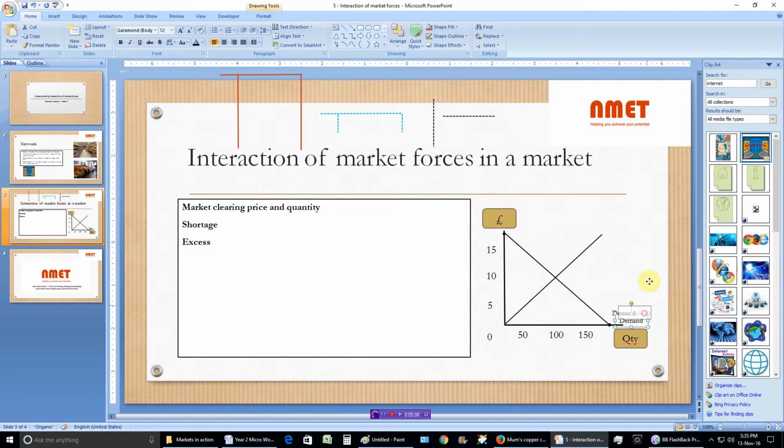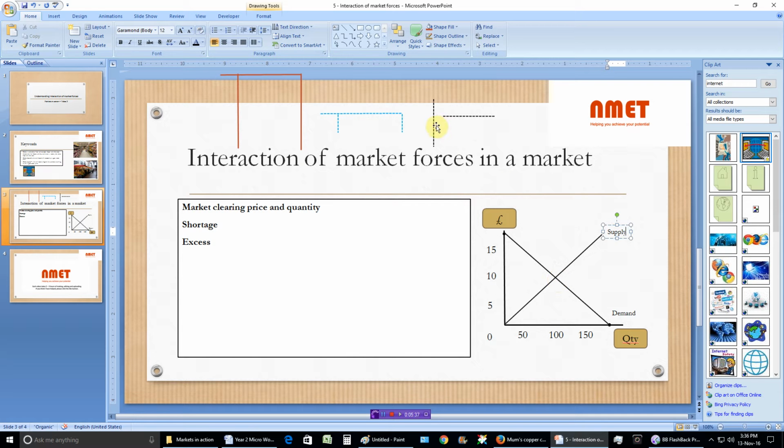And we've got the supply curve. Let me label the supply curve. Now the supply curve, as we can see, is upward sloping. As the price is increasing from 0 to £5 to £10, the more of a commodity is being supplied at 50, 100, 150. And we can see at this point where the cursor is, both demand curve and the supply curve are intersecting.